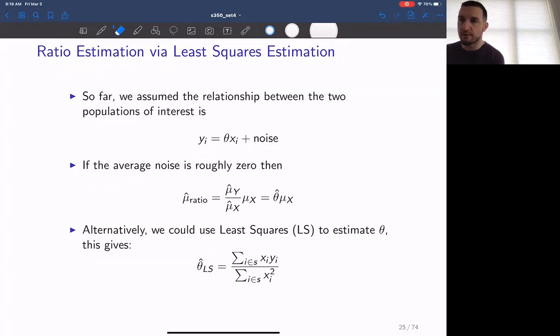So this is simply an alternative way of calculating theta in the ratio estimation scheme. Okay. So we have two approaches essentially for computing the same estimate. So it might be of interest at some point to use both of those and compare them to see how close they are to one another.